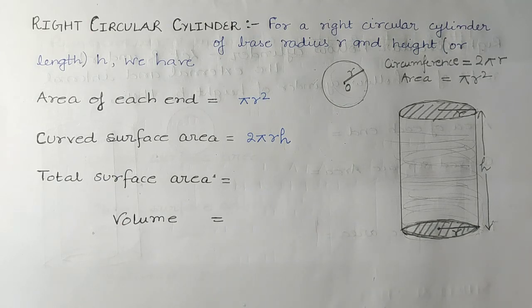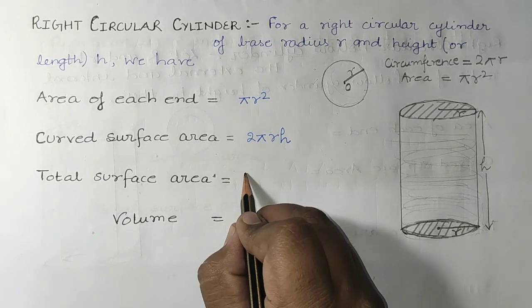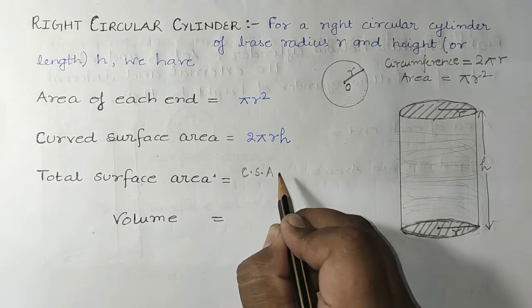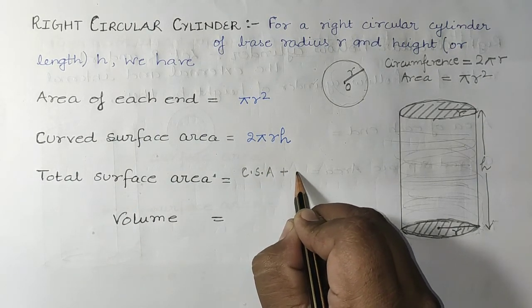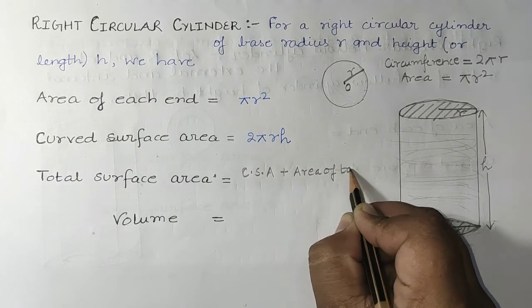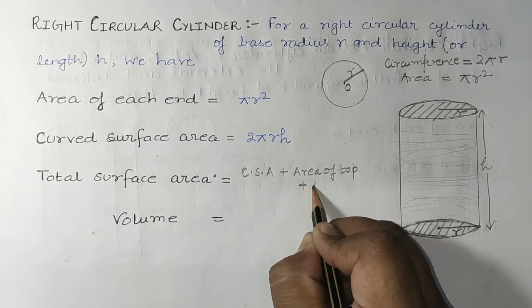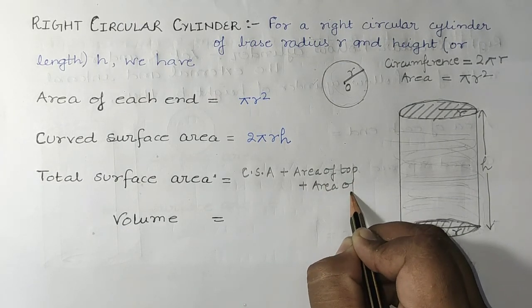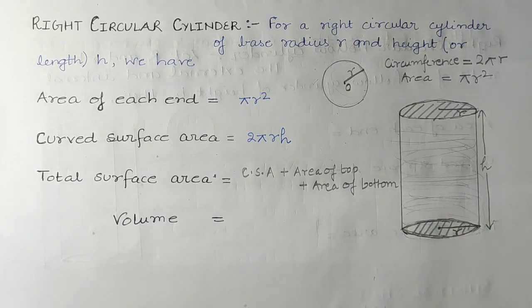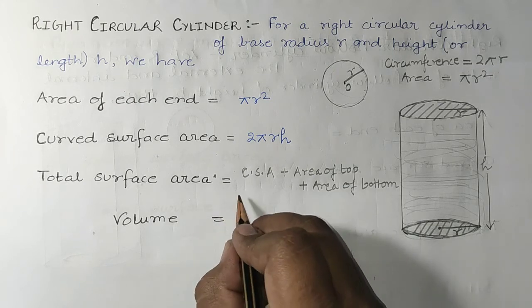Now if we want to find the total surface area, we will add to the curved surface area the area of top and the area of bottom.